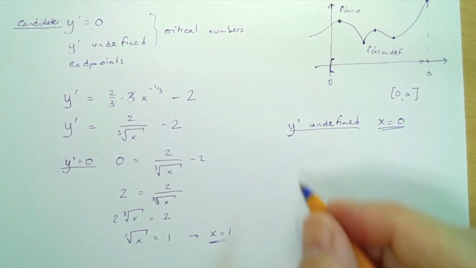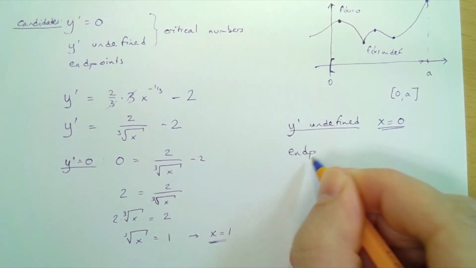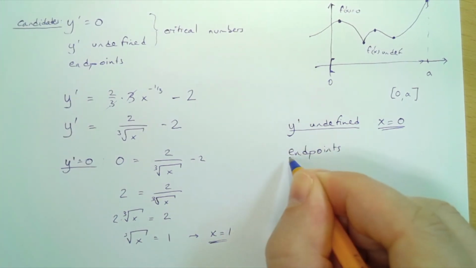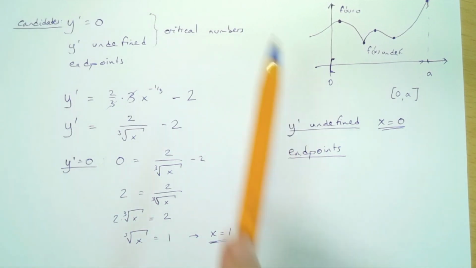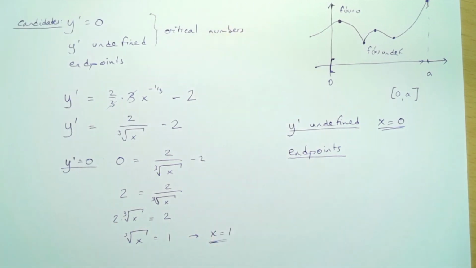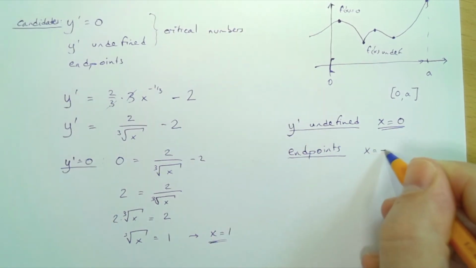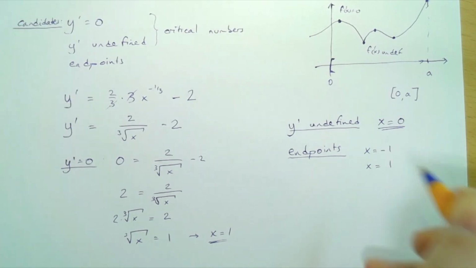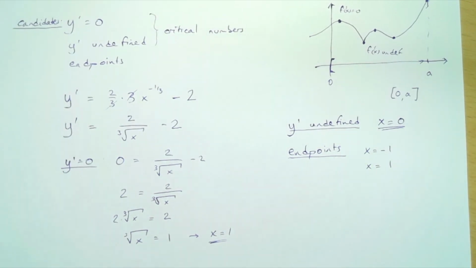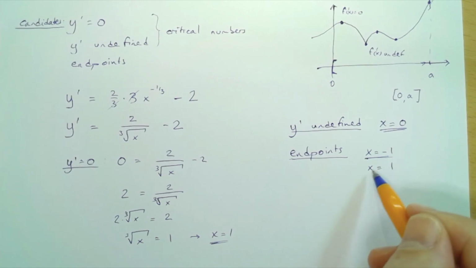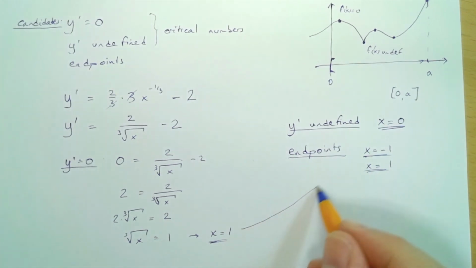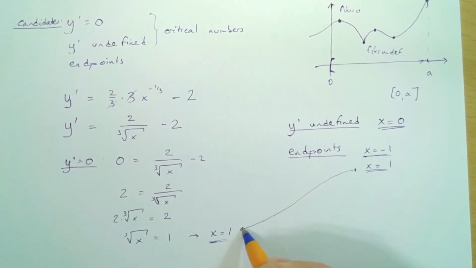And lastly, what are the endpoints of my interval? Is it a closed interval? Yes, because we have these brackets. So the endpoints are x equals negative 1 and x equals positive 1. So it looks like we have 4 candidates. In fact, there's something a little surprising here that's not usual.